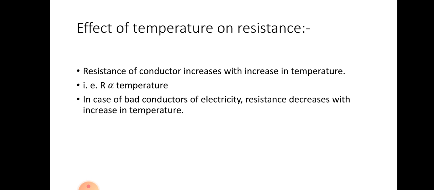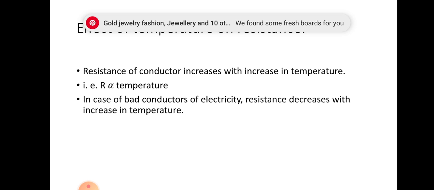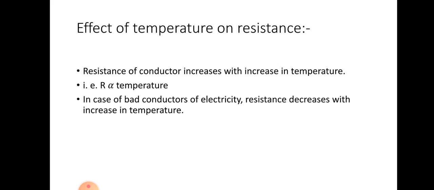So in case of the bad conductors of electricity, if we'll talk about the atomic structure, first there is absence of free electrons, and second thing is the electrons are very strongly connected to the nucleus। There is a strong force of attraction between the nucleus and the electrons। Now with increase in temperature क्या होने वाला है?